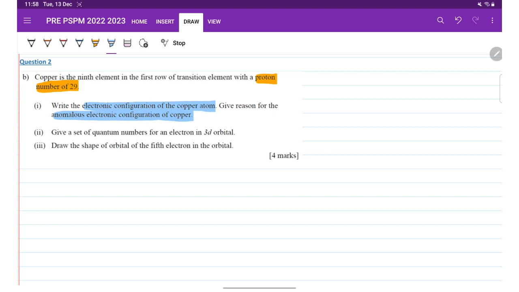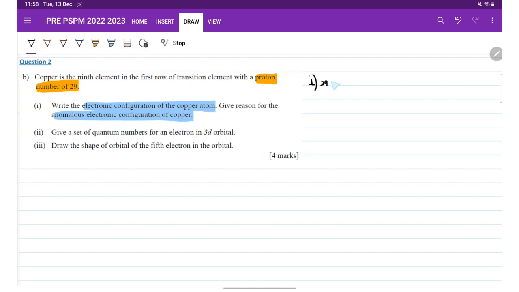Okay, so for question B1 here, what you need to do is first write down its electronic configuration. So since we have proton number 29, meaning we have 29 electrons as well.